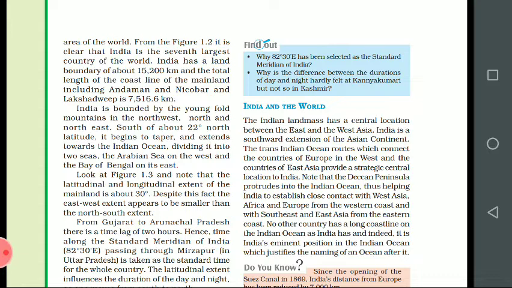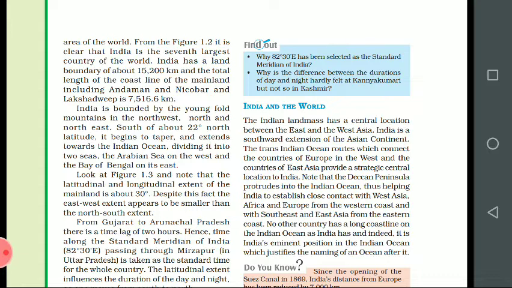So due to this longitudinal gap, there is a time difference of 2 hours between Gujarat and Arunachal Pradesh. Actually, 1 degree longitude is equal to 4 minutes. So here is a gap of 30 degrees. When we multiply 30 with 4, we get 120 minutes. That is equal to 2 hours only.